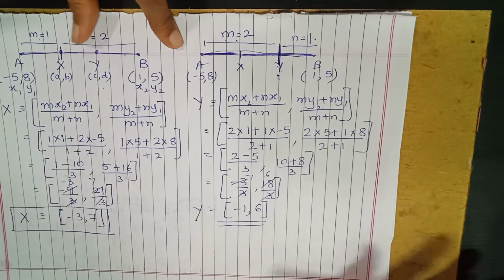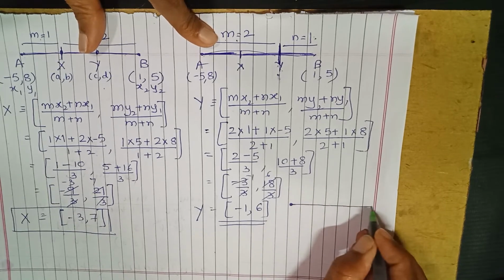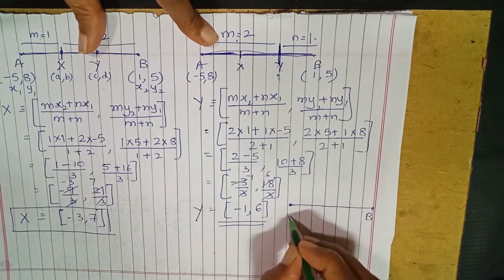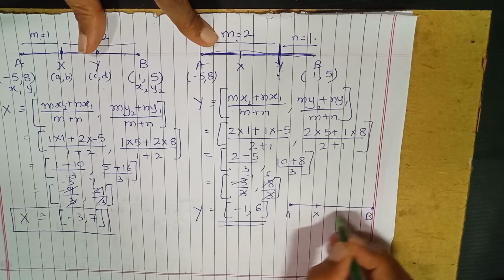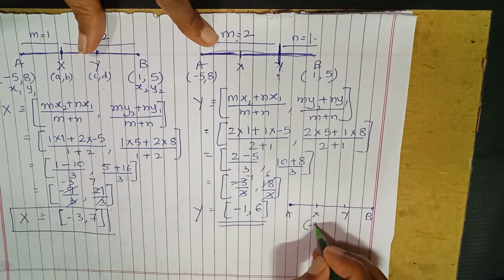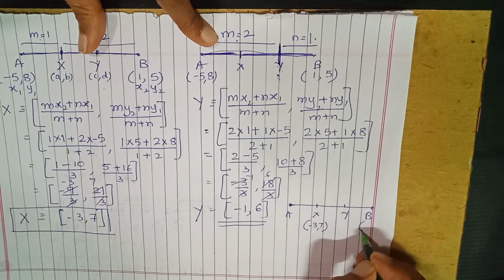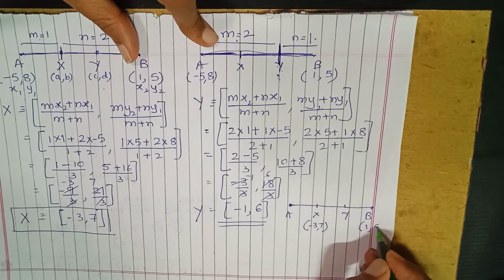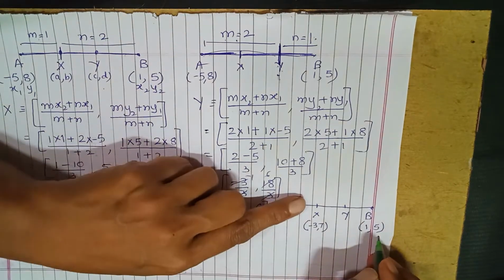Now the second method which I am explaining here is, let us say I have this as AB and this was my X and this was Y. Now I got the coordinates of X as (-3, 7). I know B, which was already given as (1, 5). Now can you see this?